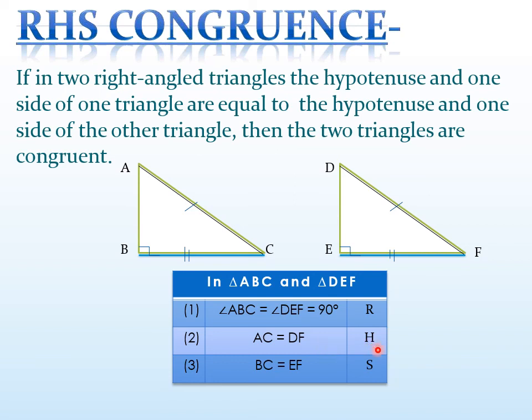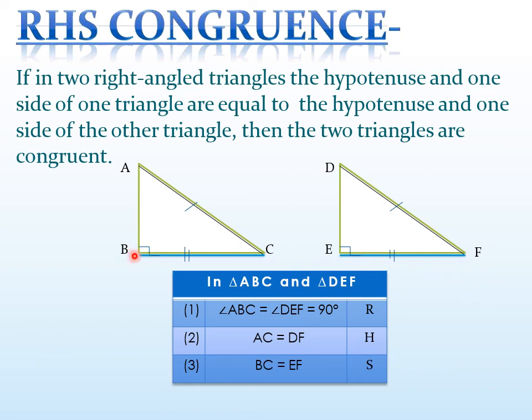So we are going for the H condition as well, that is the hypotenuse condition. And then we have the third condition, that is any one side. Any one side except the hypotenuse can be taken. It's not that the base will be taken or the perpendicular will be taken, not so. We can take any one. Here it is given that BC is equal to EF.